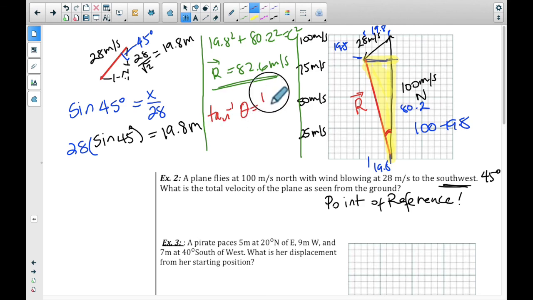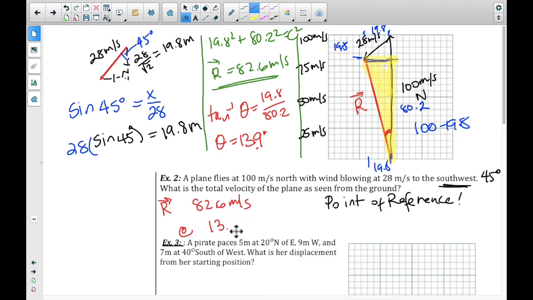That was 19.8 over 80.2, and I'm going to do that in my calculator. And I'm getting 13.9 for my theta. And so we could say that the answer to this question is the resultant vector is 82.6 meters per second at 13.9 degrees west of north.